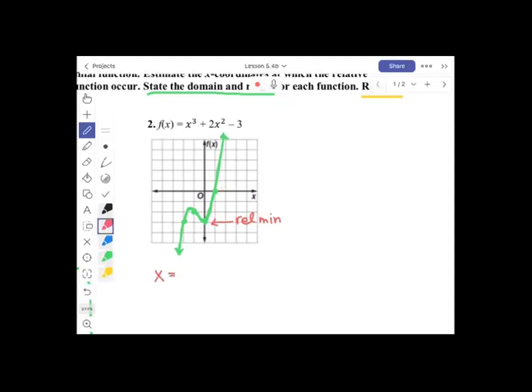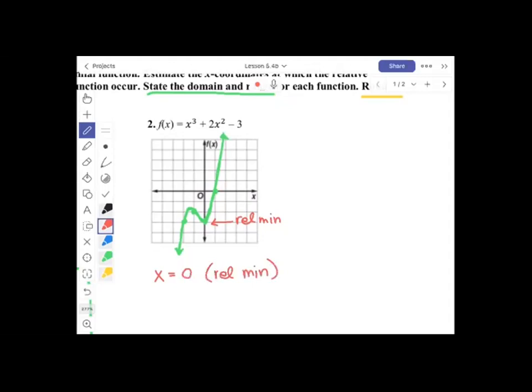So what's the x coordinate of that point? 0. Yeah, exactly. So don't let the -3 sway you. That is the y coordinate. We want the x coordinate. All right, so x is 0 is your relative minimum. All right, good job, Yuki.